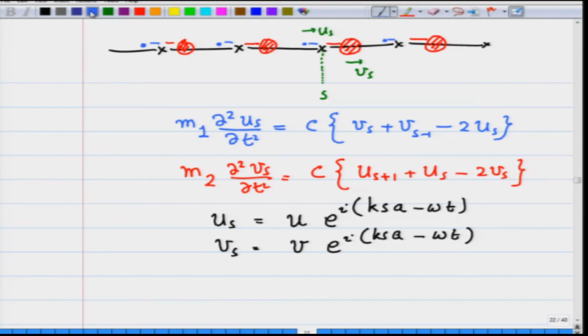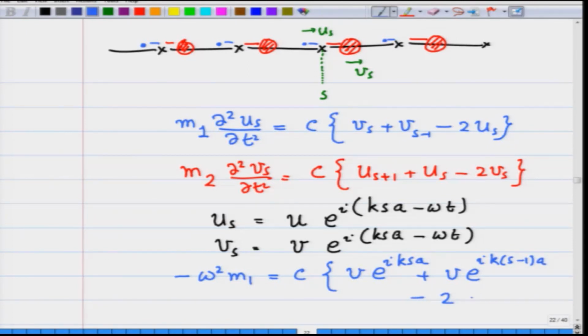When we do that, I am going to get minus omega square m1 u is equal to C, V s is going to be v e raised to I k s a, and e raised to minus I omega t is common and gets cancelled from all the sides, plus v e raised to I k s minus 1 a minus 2 U s, which is going to be e raised to I k s a, and on the left hand side also I have e raised to I k s a.